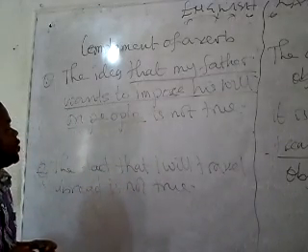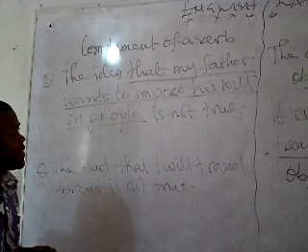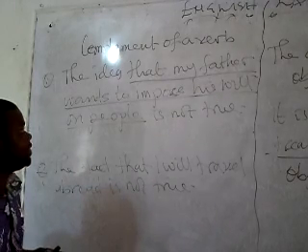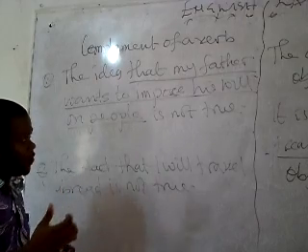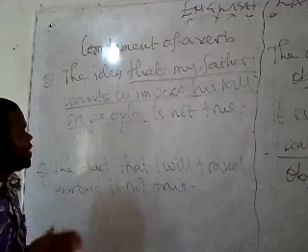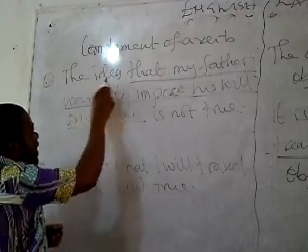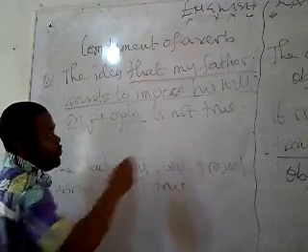That my father wants to impose his will on people becomes the noun clause. And like I stated earlier, if you take away the clause, we realize that the sentence remains meaningful, the remaining words. So we are left with the idea is not true.